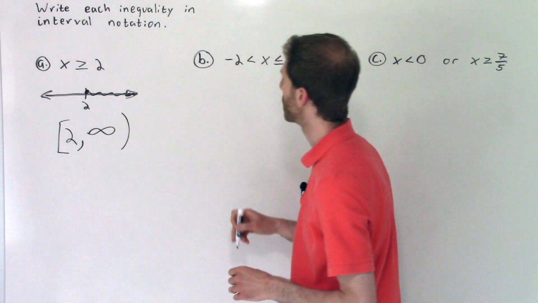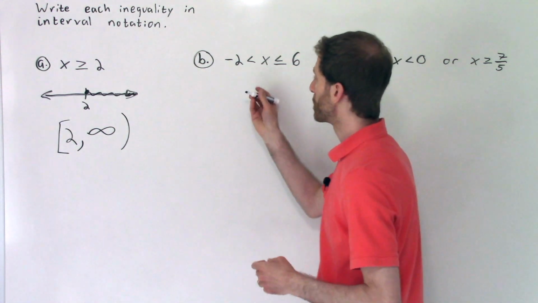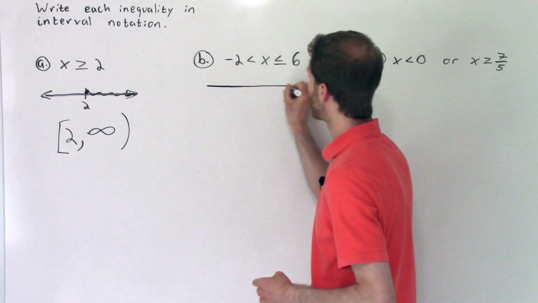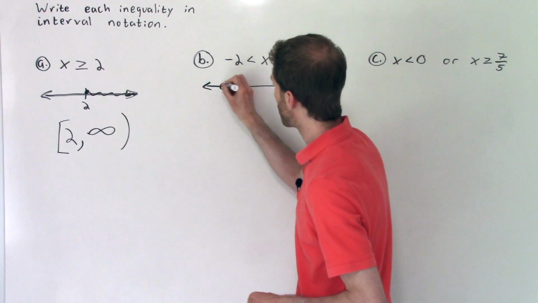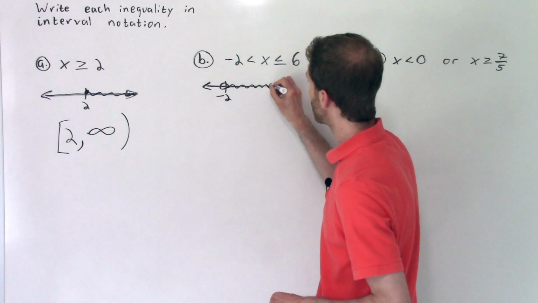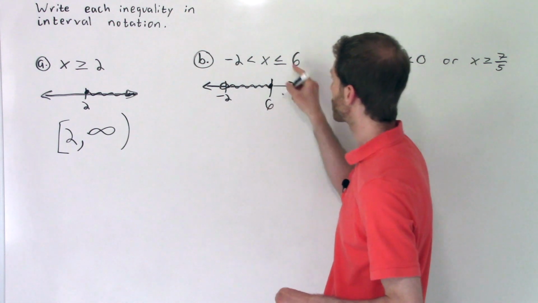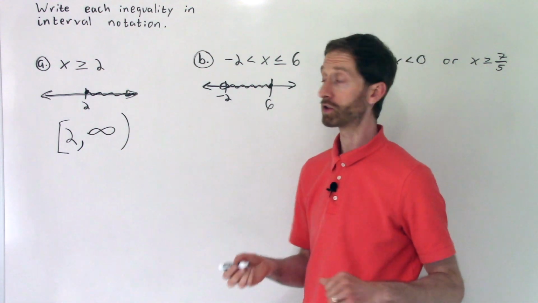Okay, let's do the next one. Here we have -2 is less than x is less than or equal to 6. On a number line, we are going to have an open circle at -2, and then it gets shaded in all the way until a closed circle at 6. Closed circle because it's less than or equal to. So the interval notation looks like this.